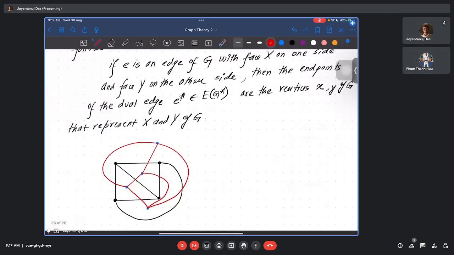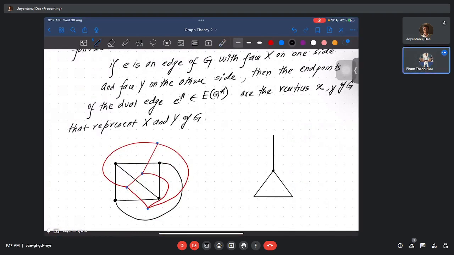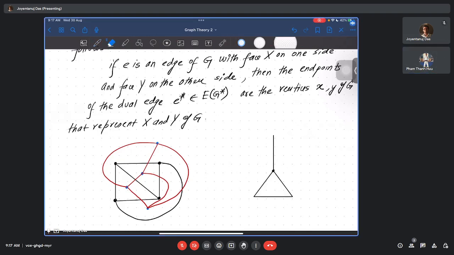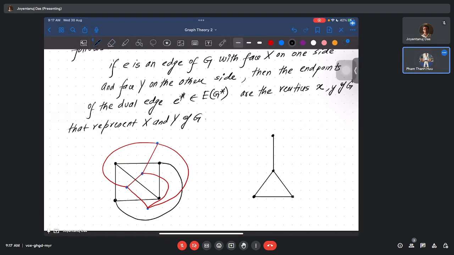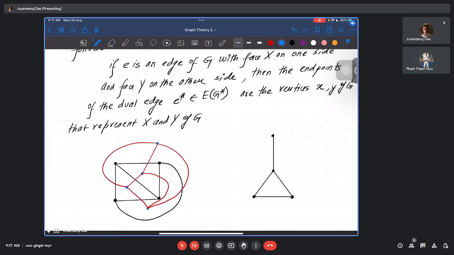For example, let me give one more example. Suppose I have this graph. Here in total there are four vertices, right? How many faces are there? There are only two faces, right? This is one face and one is the outer face.